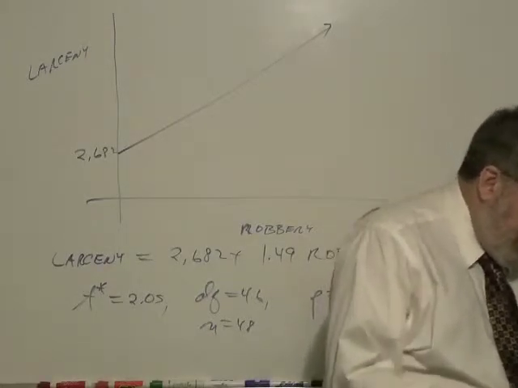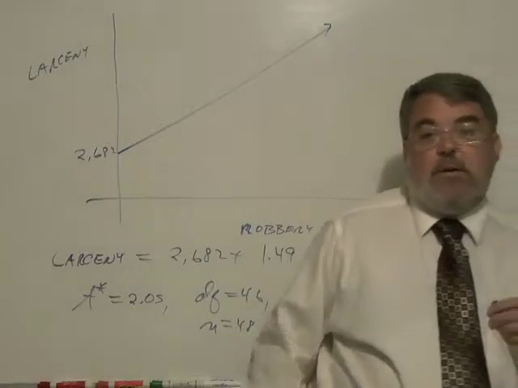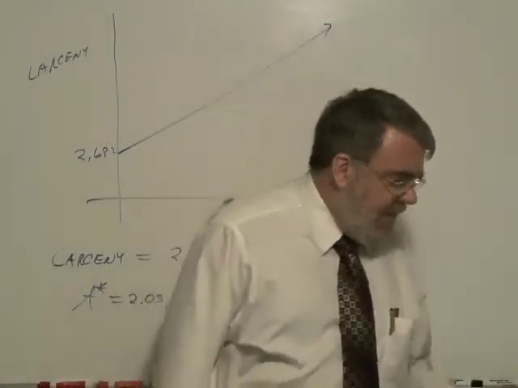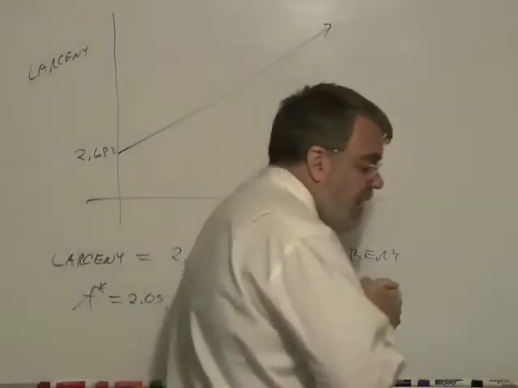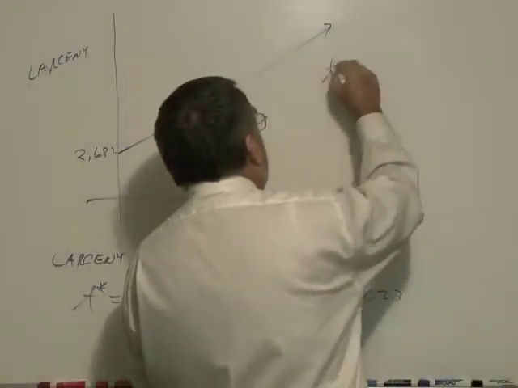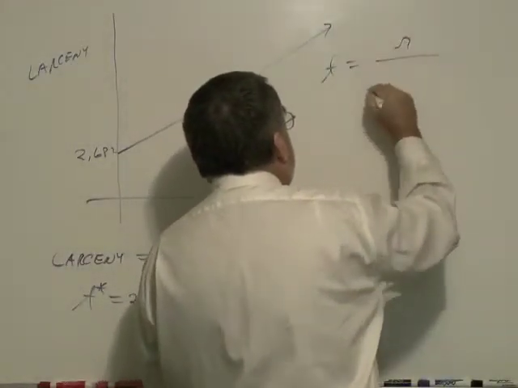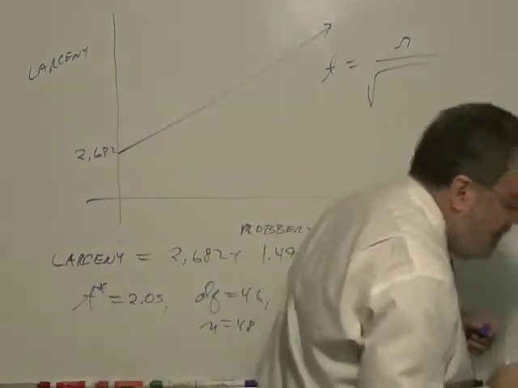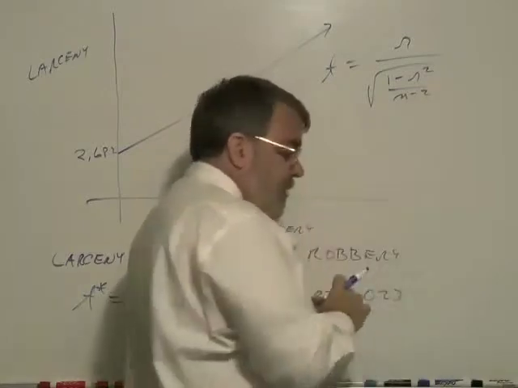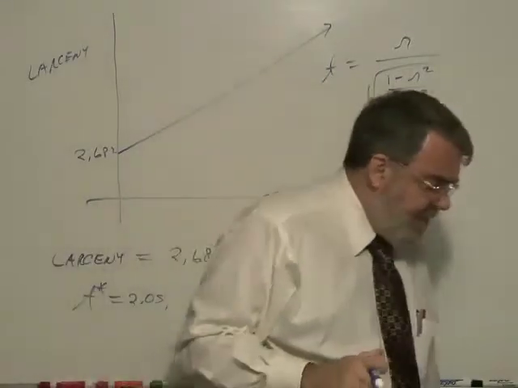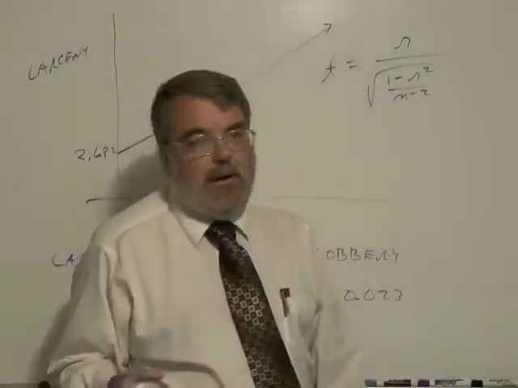If you look on the bottom of page 441, it gives the t-score. t is equal to r over the square root of (1 minus r squared) over (n minus 2). Now, we can solve for r, and I've solved it.